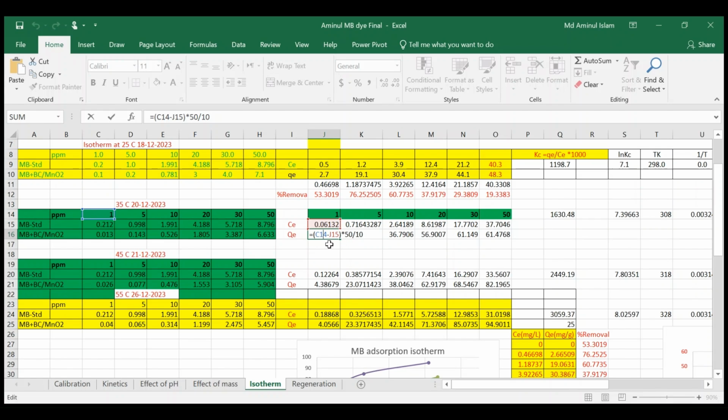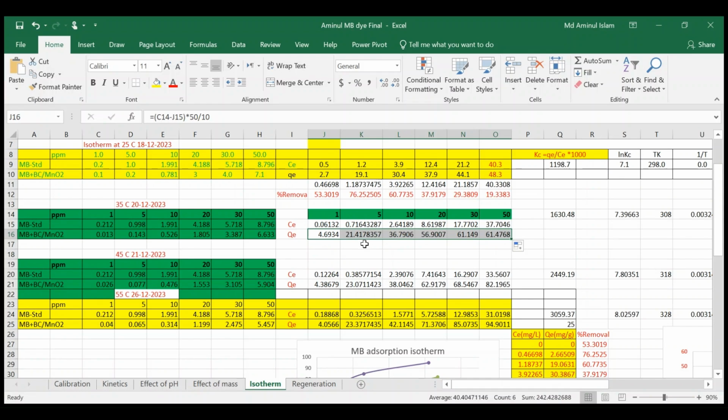So using this formula, you can easily calculate the amount adsorbed at equilibrium and enter. And if you scroll to right, then you can get the amount adsorbed at equilibrium Q at different initial concentration.